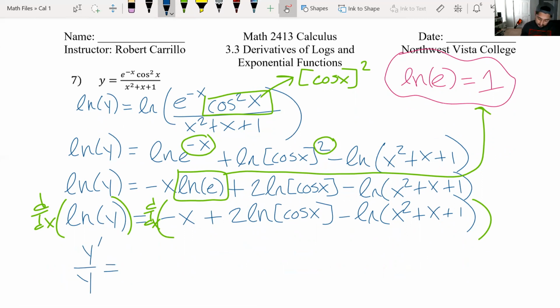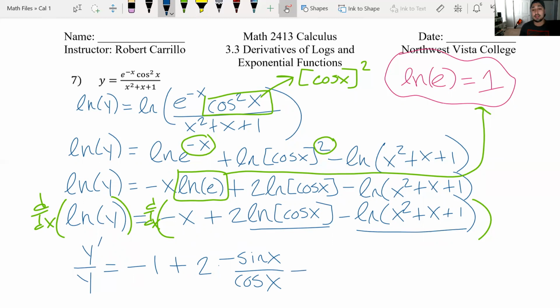Derivative of negative x, negative 1, plus 2 times chain rule derivative on the natural log of cosine x. So the derivative of cosine is negative sine x over the original inside function of cosine x, minus chain rule derivative on all of that.